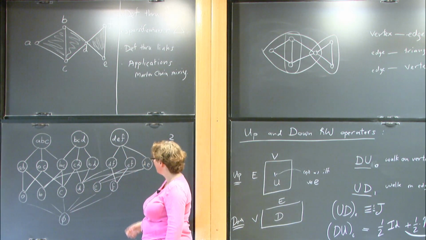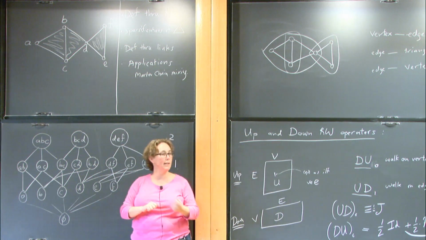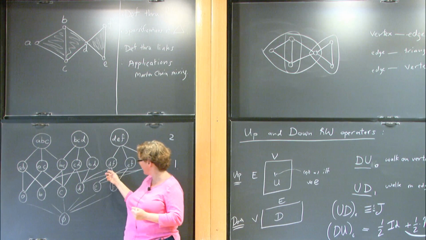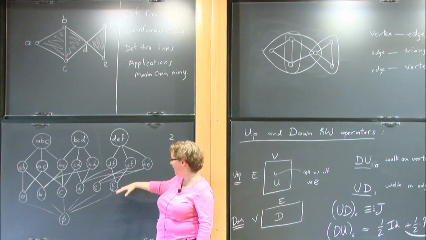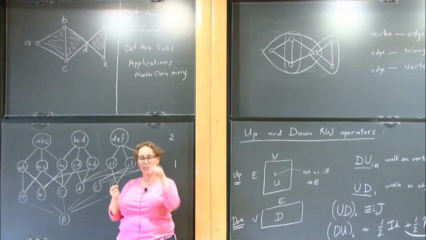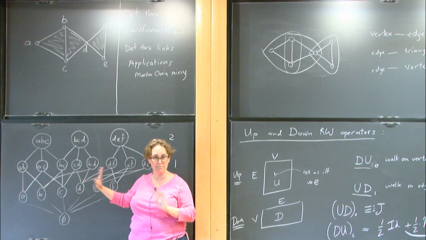That's true, but this just happens to be the same because for F2, minus and plus are the same. For any other abelian group that doesn't have characteristic 2, these two operators are different because the boundary operators have some sign issue, and we're not doing any signs.